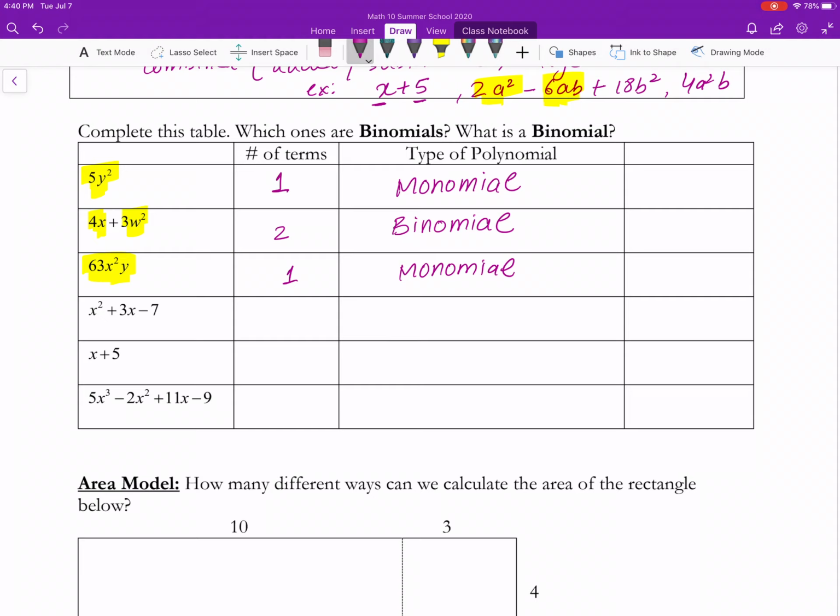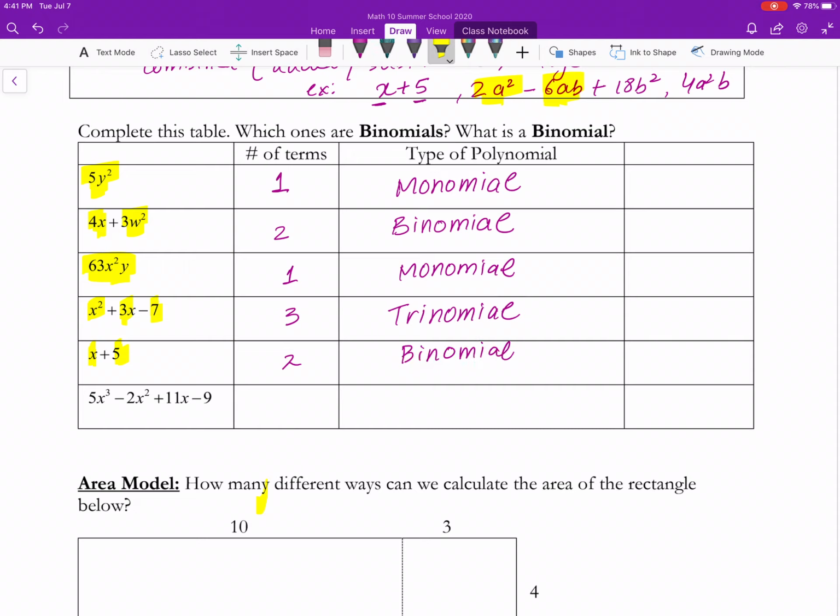The next one, see how many terms are there which are separated by a plus sign and a negative sign. So we have 1, 2, and 3. So there are basically three terms, and when we have a polynomial with three terms, we call it a trinomial. Similarly, next one, 1, 2. So two terms, which gives us a binomial.